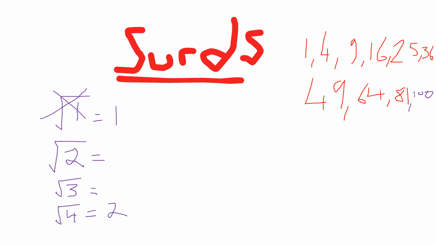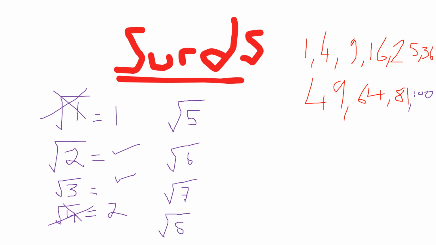So putting some crosses there, and a tick if it's a surd. Root 5 is a surd, root 6 is a surd, root 7 is a surd, and root 8 is a surd. So hopefully you're happy now with what a surd is. It is the square root of a non-square number.